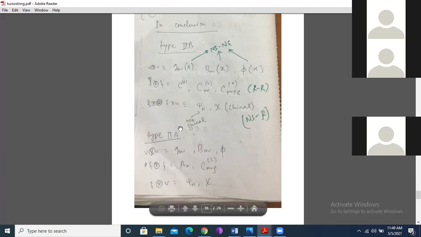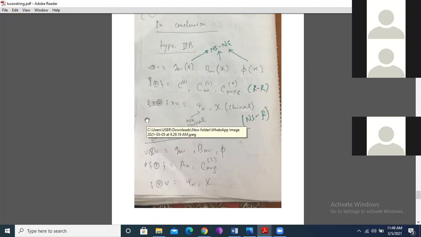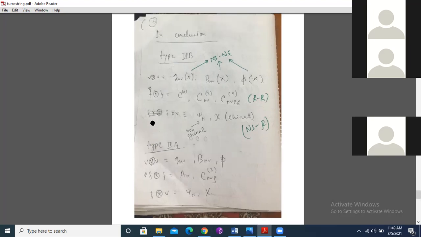Okay, and this is a good confirmation that string theory could be our quantum theory of gravity, because it can produce the correct supersymmetric Lagrangians starting from string theory in 10 dimensions. So this is more or less the basic thing that I wanted to tell today: these are the ingredients you will have in your 10-dimensional supergravity Lagrangian.